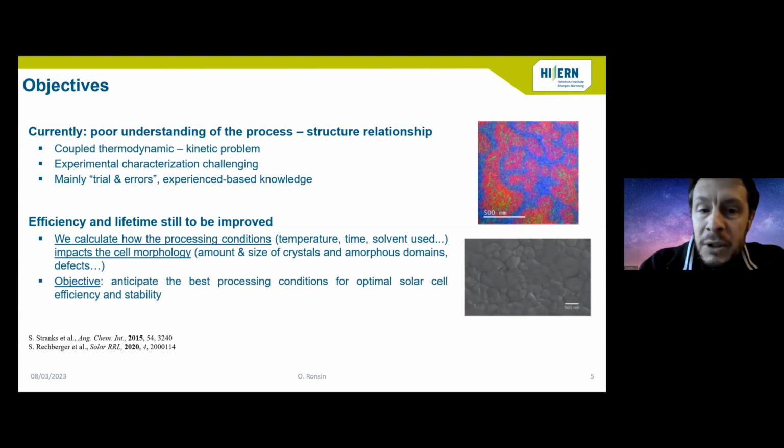Our assumption is that if we are able to calculate how the processing conditions impact the cell morphology, then we'll better understand and propose design rules for inks and processes that will rely on physical-chemical understanding. The objective at the end is to find, of course, the best processing conditions to optimize the solar cell stability and efficiency.